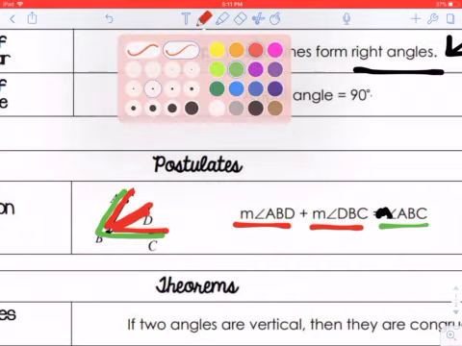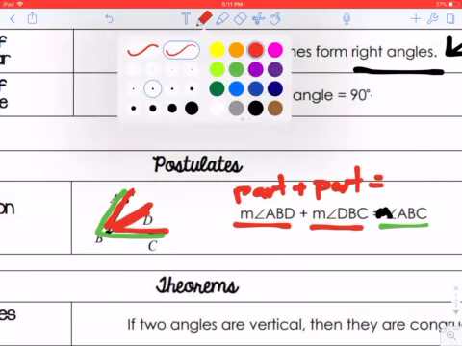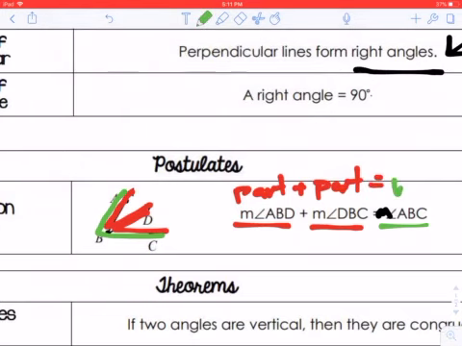But the way we mostly remember this is we say that part plus part equals whole. Now that we're doing proofs with angles, we have a little bit different reasons, but this is the only thing that is going to come from the picture.